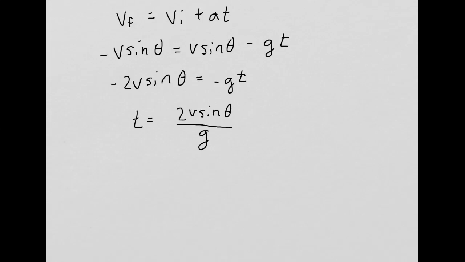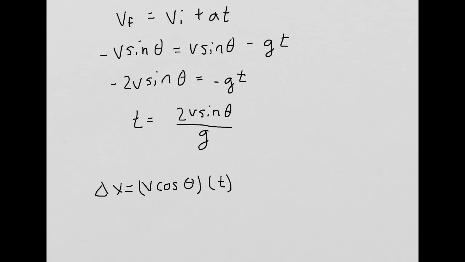Okay, now to find the range given this information. Remember, to find the range, all we had to do, because velocity was constant, was delta x, the range, equals the velocity of the horizontal, which was v cosine theta, times time.